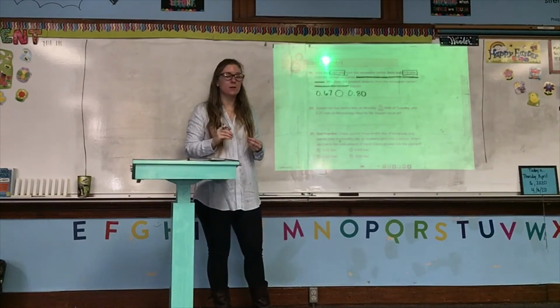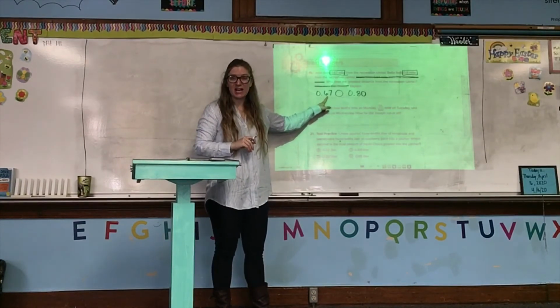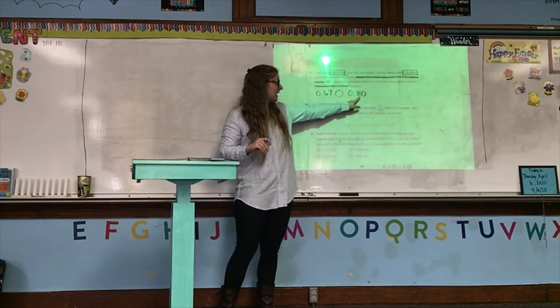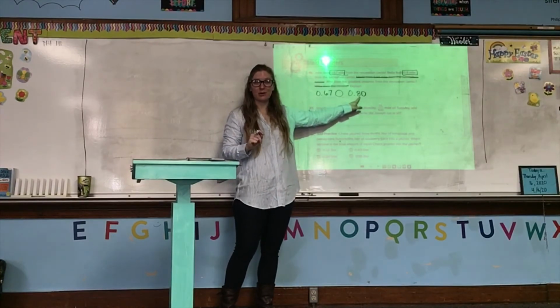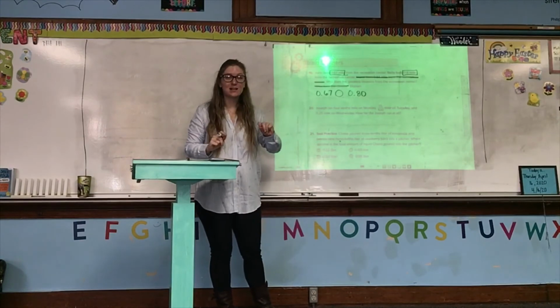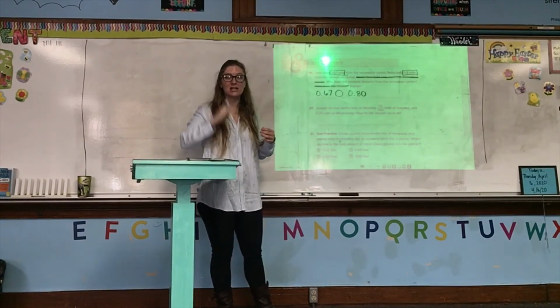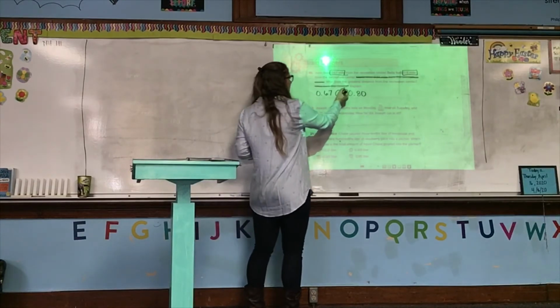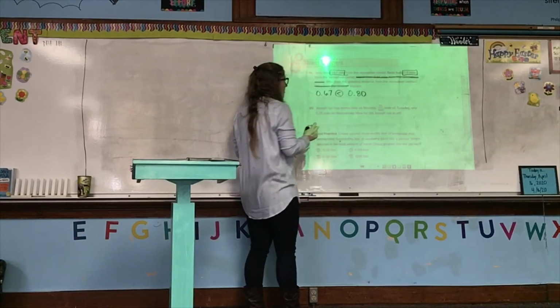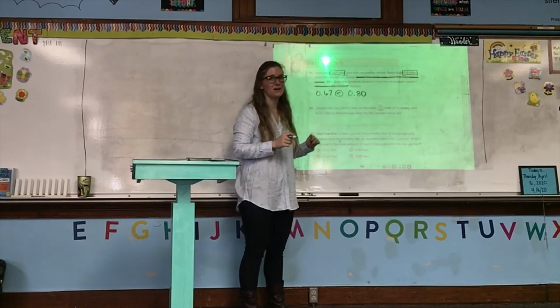We can compare those. We know 67 hundredths is the same as 67 out of 100, and 80 hundredths is the same as 80 out of 100. We know that 67 out of 100 would have less shaded space than 80 out of 100. So that means 67 hundredths is less than 80 hundredths.